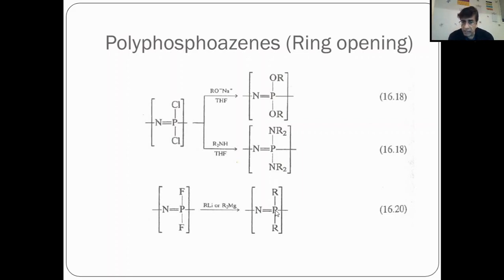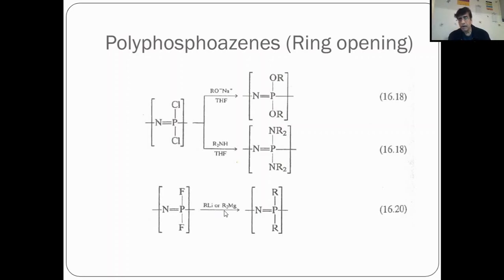But if you want to bring a phosphorus-carbon linkage, you have to start from the F-substituted product. Cl-substituted, Br-substituted, or I-substituted products will not give you a PC, phosphorus-carbon linkage. In order to get a phosphorus-carbon linkage, you need to start with the difluoro-substituted product, and the reagent will be different.